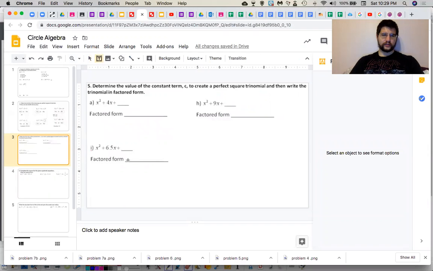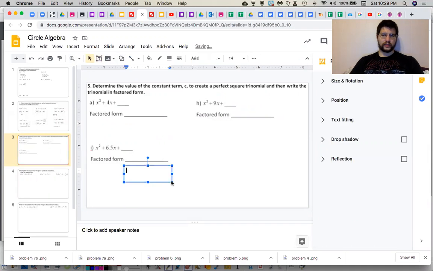So all it needs is the factored form. You can put it on the line or the line, whatever's easiest for you. X plus 3.25. Yeah, fractions probably aren't the easiest thing to do on here. Squared. You can also do, let me show you how I write a fraction.